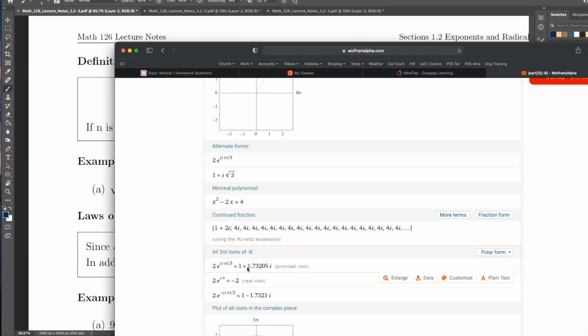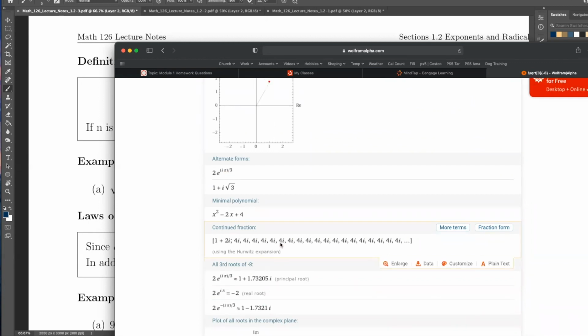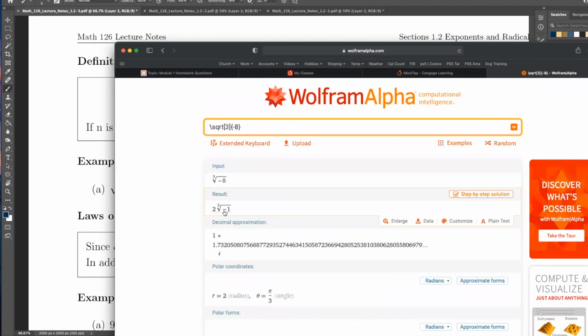There are other roots here. There are other roots, but please, please, please do not worry about them for now, okay? So that's the one thing, if you type stuff in the computer, you're going to get really fancy things.